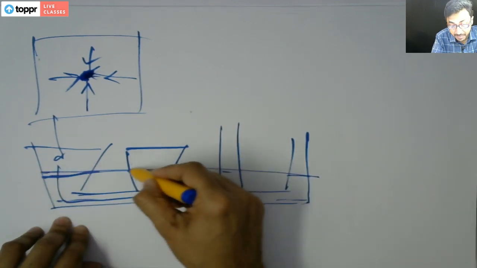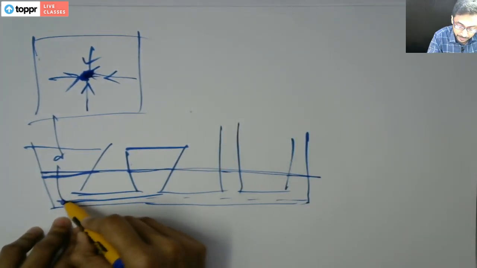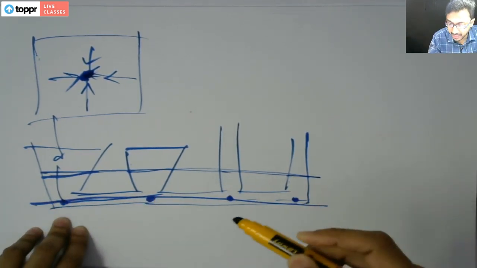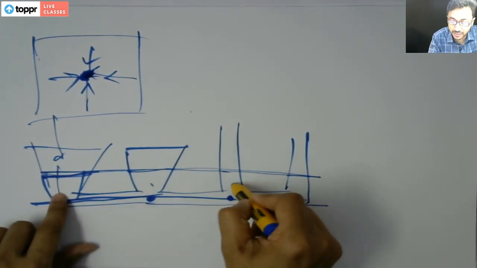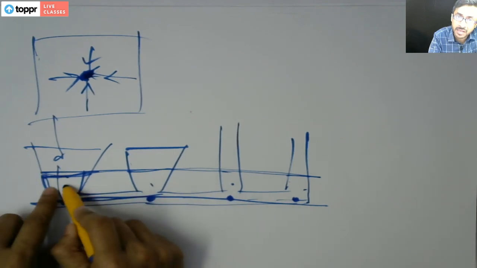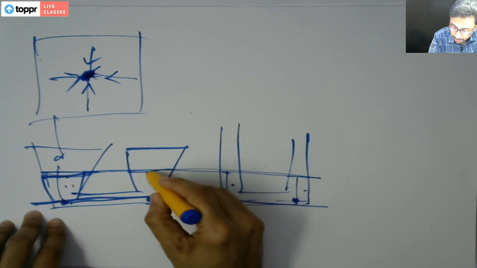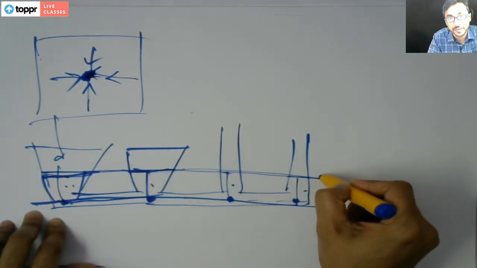Because the main principle is that the pressure at a particular level will be the same. It will not depend on the water contained within the vessel, or the volume, mass or weight. It just depends on the height, or you can say the depth of the liquid from the free surface.